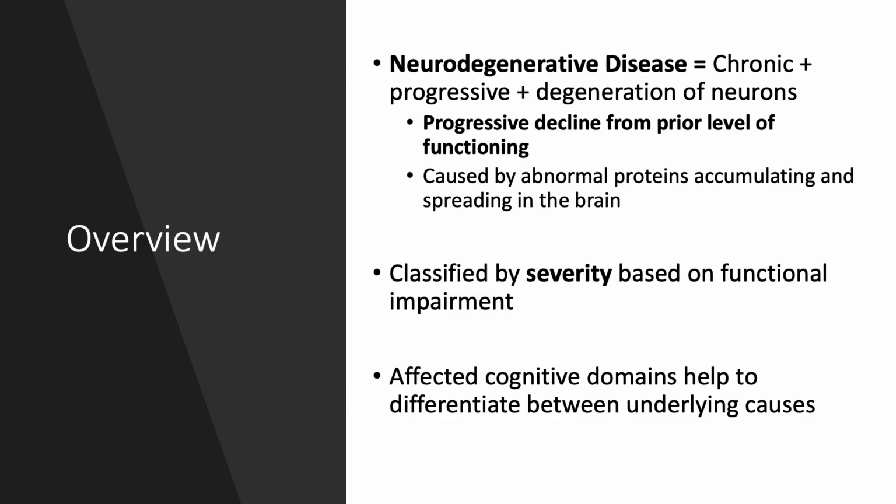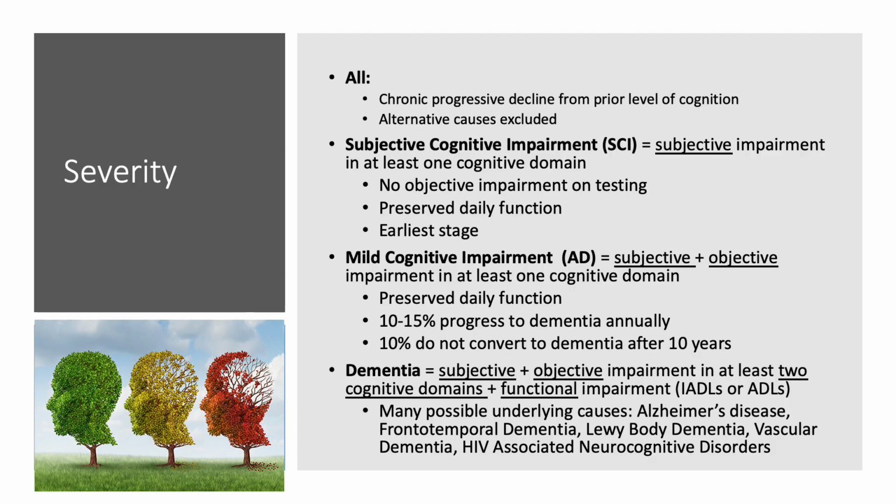We generally tend to classify them based on the severity that the patient presents to us. Different aspects of cognition are affected in different types of dementias, as we shall describe starting now. Some similarities between all of them are that all of them are chronic and all of them are progressive.